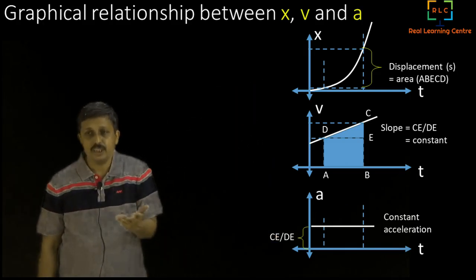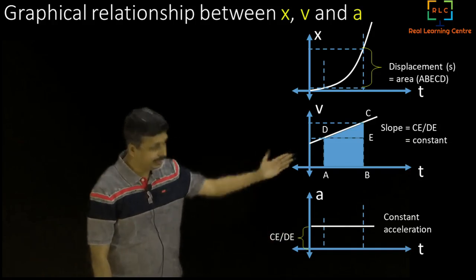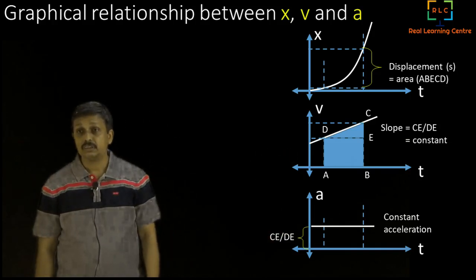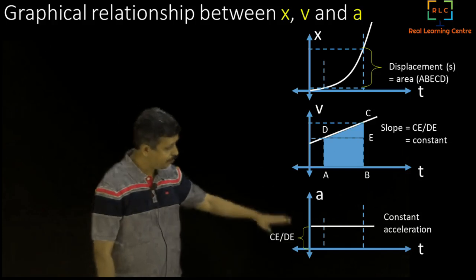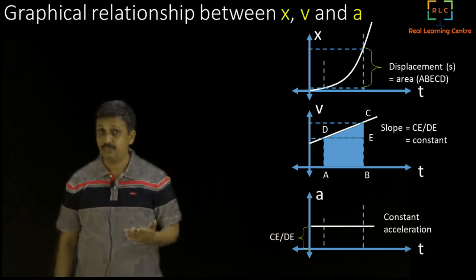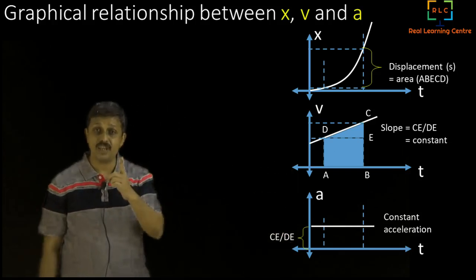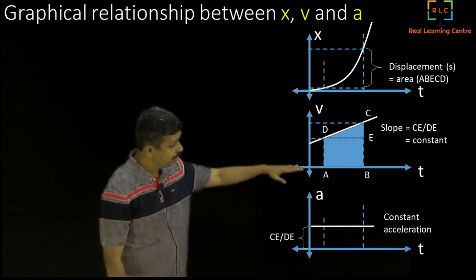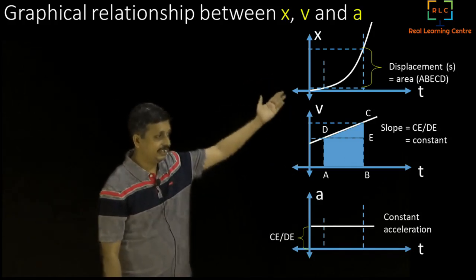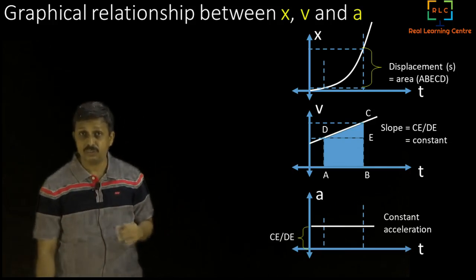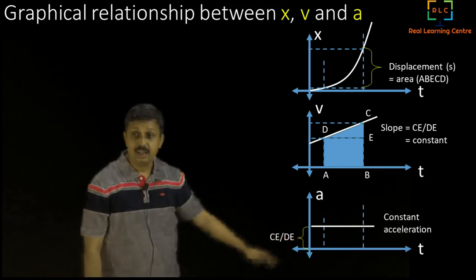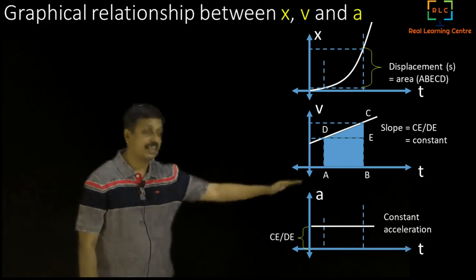So suppose you are given an at graph, can you draw the vt graph? From a to v, how do we go? From a to v, we go in the same way as we went from v to x. That means we need to take the area under the A line.